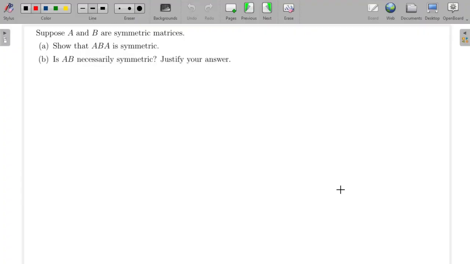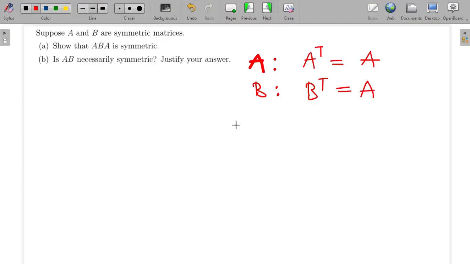Okay, so now let's look at the question on symmetric matrices. So a matrix A is symmetric if, one, it is a square matrix, and the following condition is met, A transpose is equal to A. Or if we are considering a matrix B, this matrix is symmetric if, one, it is a square matrix, and then B transpose is simply equal to the matrix itself.